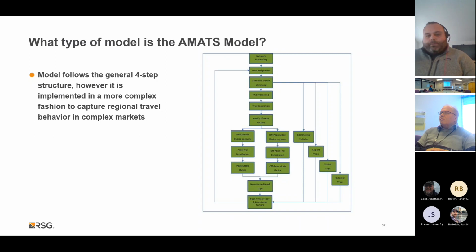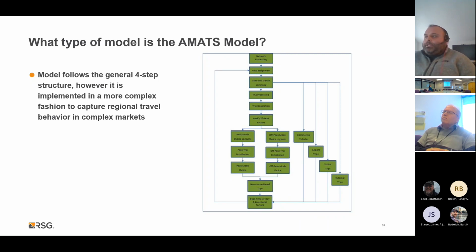And then we iterate through this several different times. The model runs through 3 iterations of this before generating its final assignment. We generate accessibility variables in the TAZ processing step, and these variables are used to reflect the travel level of service from a given origin zone to all possible activities in the destination zones.